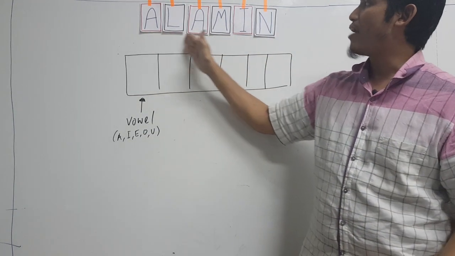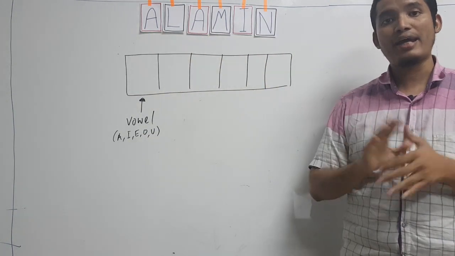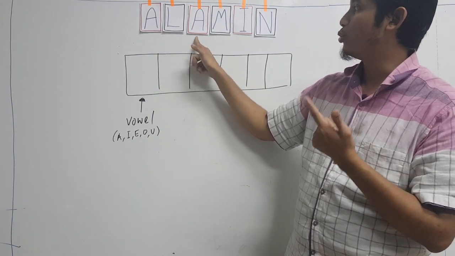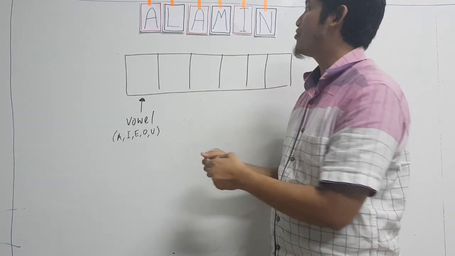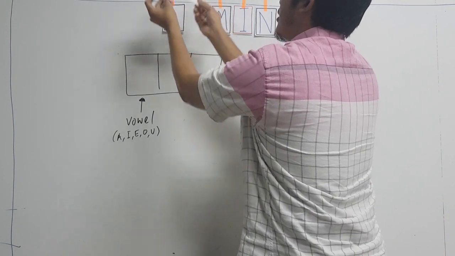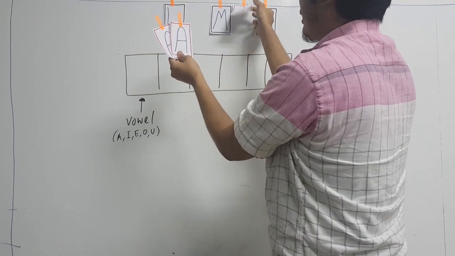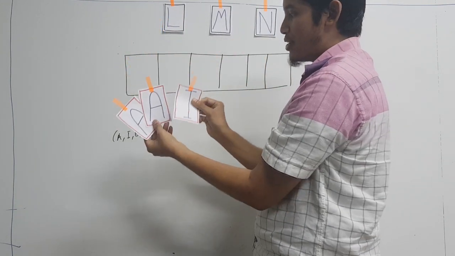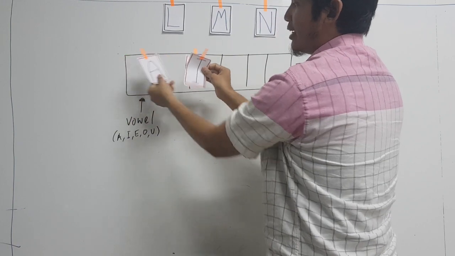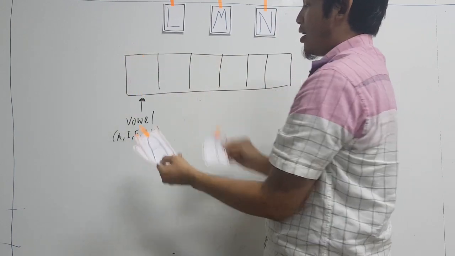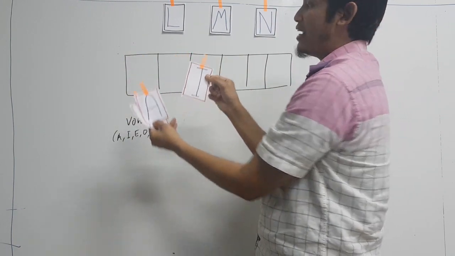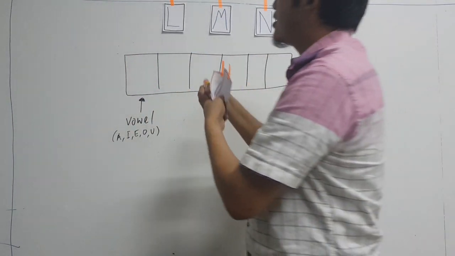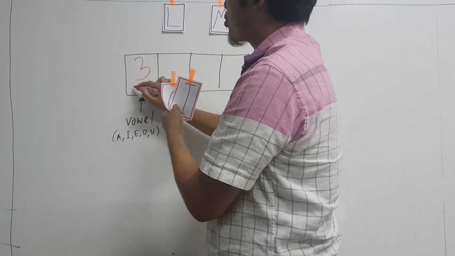Now, from the word al-amin, how many vowels do we have? We have A, 1, A, 2, and I, 3. We have 3 vowels, and we are going to choose one of these 3 vowels to put here, either A, or the second A, or this I. Either one is okay, meaning that here we have 3 choices.